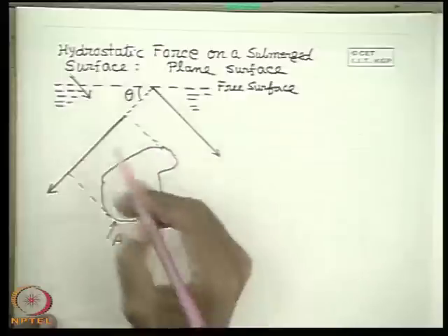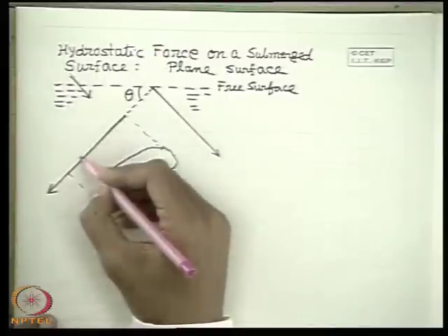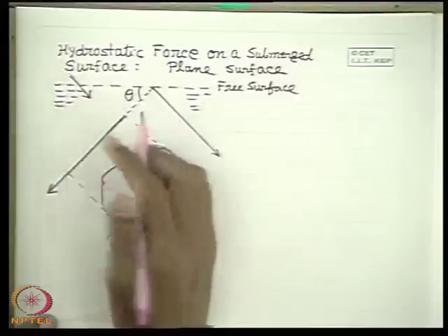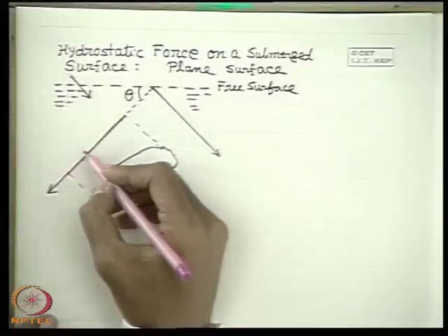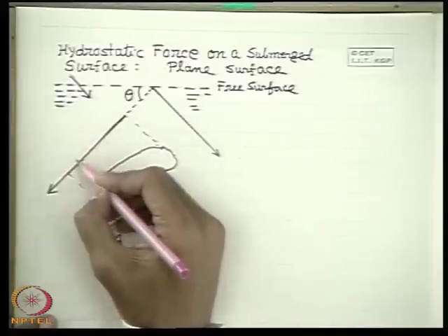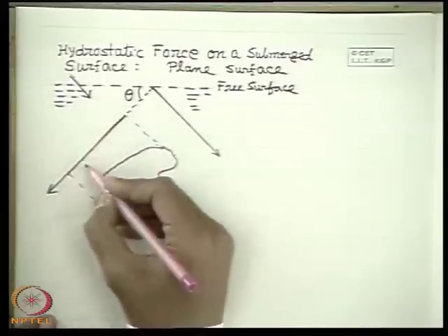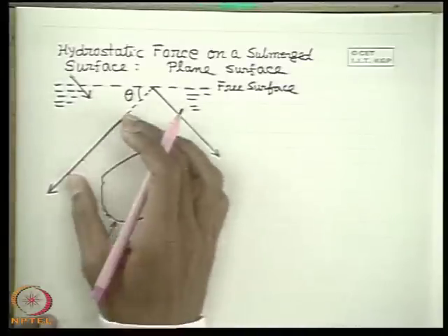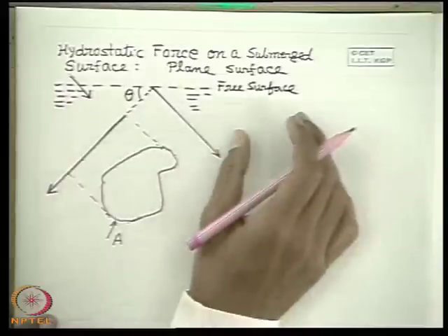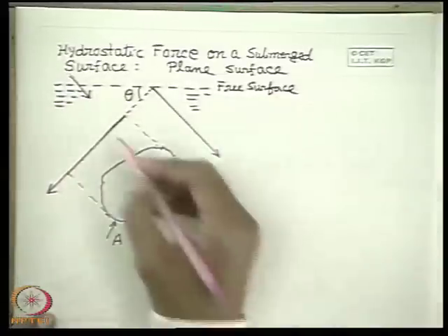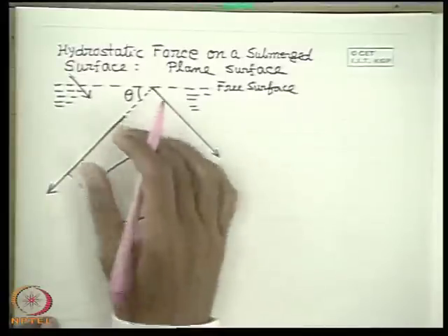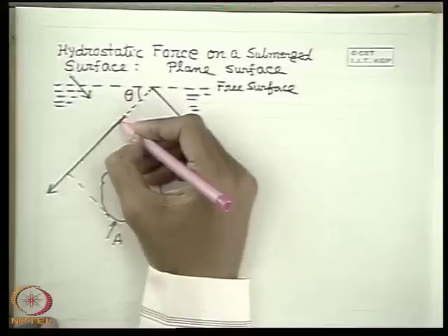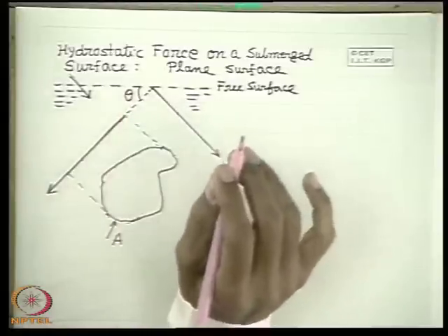But we are interested in finding the force exerted on the surface if the other side is exposed to atmosphere, that is, the gauge force exerted on this surface from one side. You can think of the problem in that way. Otherwise you can argue that in the actual case they balance each other. So we are not considering the forces from the other side; we are considering the forces from one side, and the other side is as if open to atmosphere.